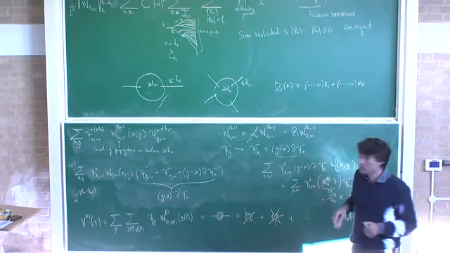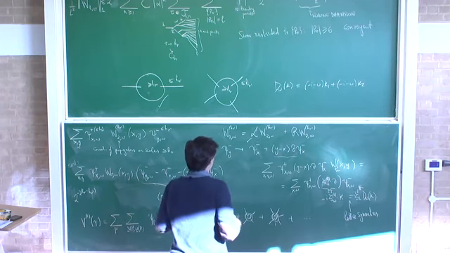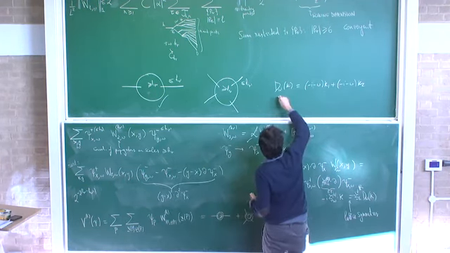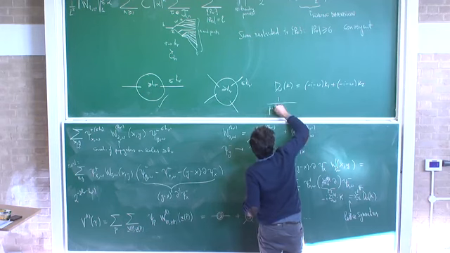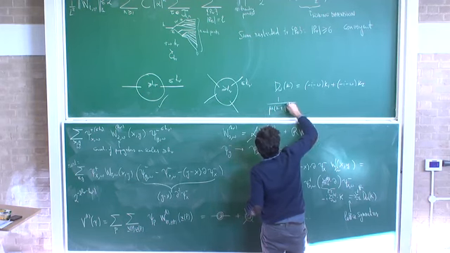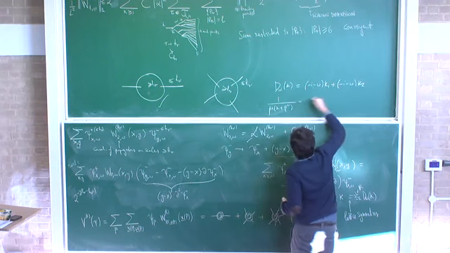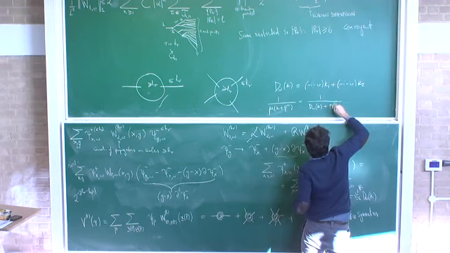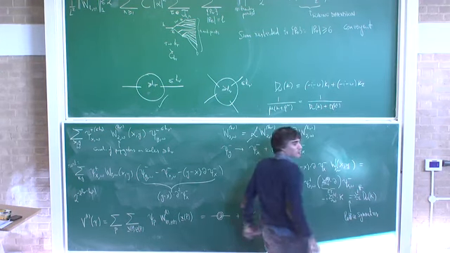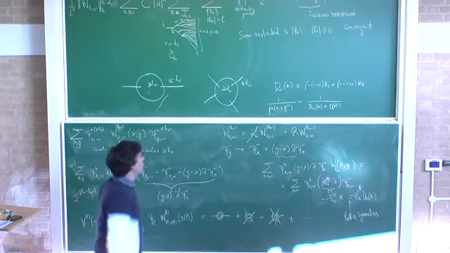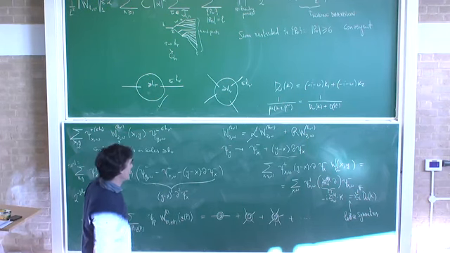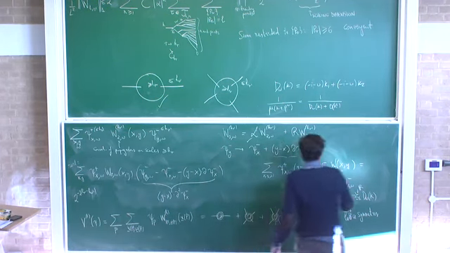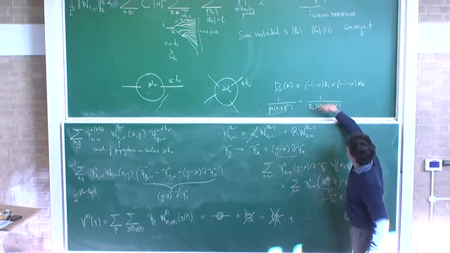So d omega k is the propagator, no? Not exactly. So the real propagator, remember, in Fourier space was this one. So this was d omega k plus order k squared. I mean, something you can write, but it's order k squared. So in the linear approximation it is the propagator. So this has the same structure as this part.